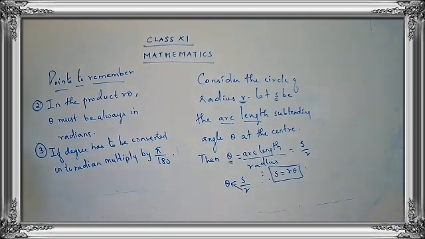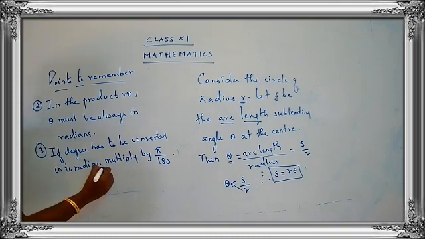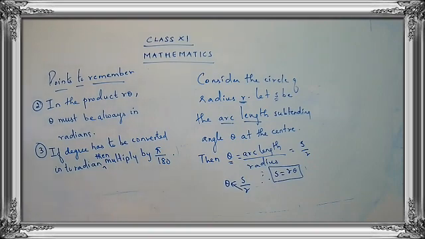I have just given you these points, so note this point properly. If degree has to be converted into radian, then multiply by pi by 180. Is it clear? We will be using these points in our exercise so that you will be clear with this point, okay, children?